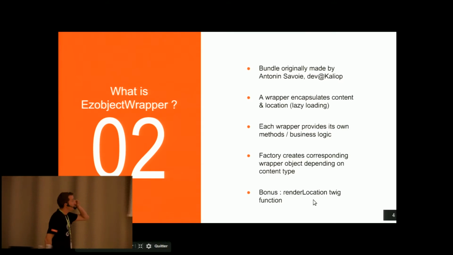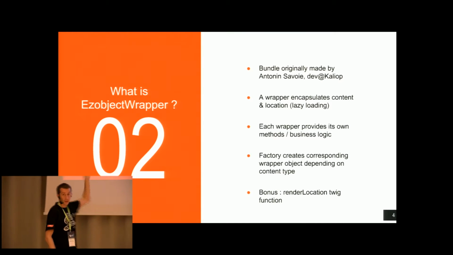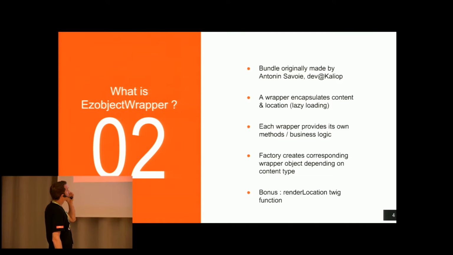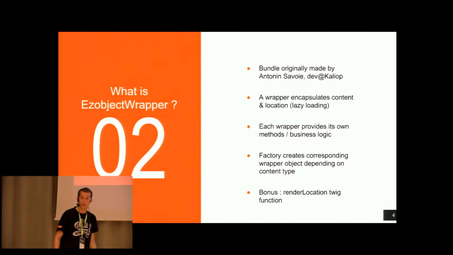So this bundle was made by one of my colleagues, Antonin Saint-Roy, who is a developer at Kaliop. It provides eZObjectWrapper, which encapsulates content and location with lazy loading. I'll show you how it works afterwards.